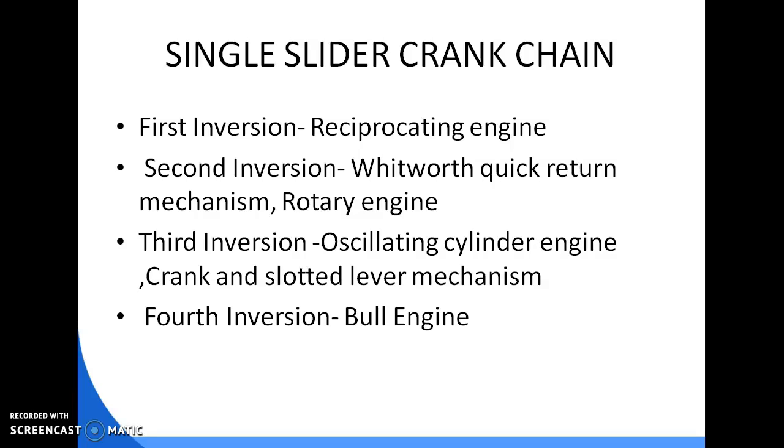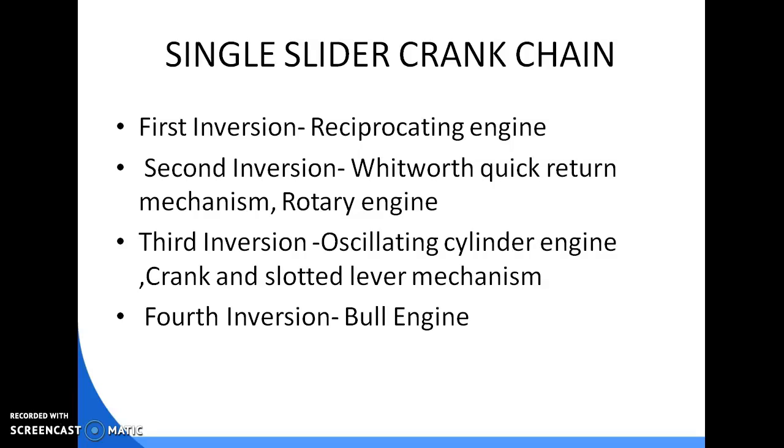Then we will move to the next kinematic chain, that is single slider crank chain. Single slider crank chain has 1 sliding pair and 3 turning pairs. Here we will discuss the inversions of this chain. There are 4 inversions.